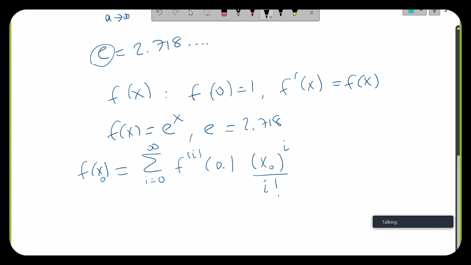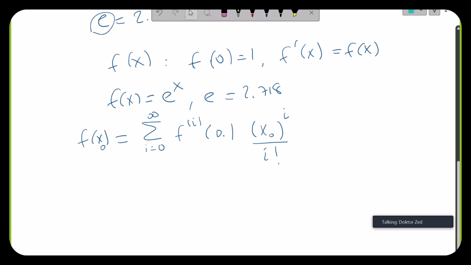Factorial is the product of all the integers up to that number. For example, 3 factorial is 6, 1 times 2 times 3, 4 factorial is 24, and so on. So if you apply this, by definition, all derivatives have to be f of x, and when they're evaluated at 0, they should all be 1.